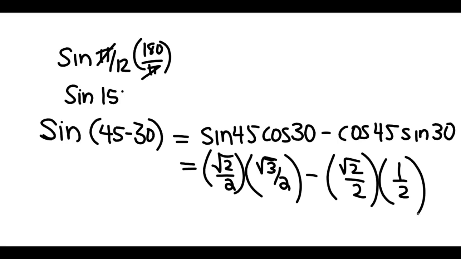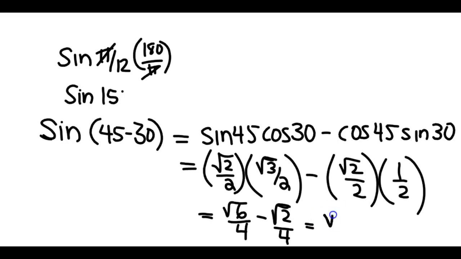Okay, so now we're just down to points, and then we just have to multiply. So tops and tops, bottoms and bottoms. Root 3 times root 2 is root 6, and 2 times 2 is 4. Then we subtract root 2 times 1, which is root 2, and 2 times 2 is 4. You can't subtract roots that are different, like you can't go root 6 minus root 2 is root 4, because roots have to be the same in order to put them together.